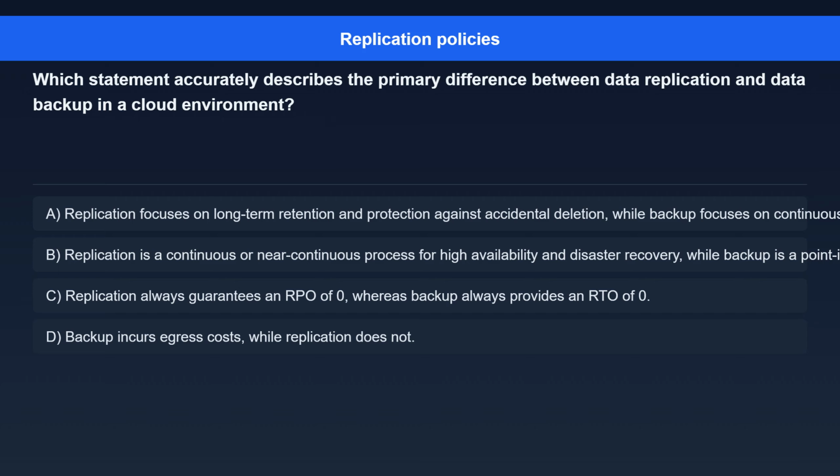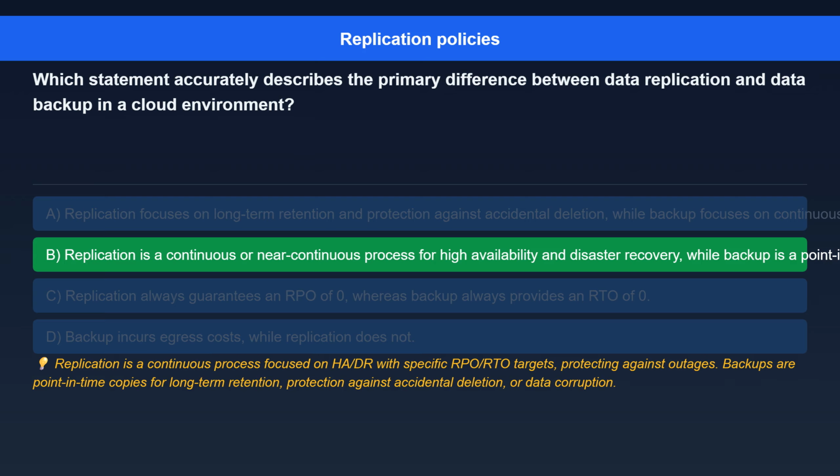Option B. Replication is a continuous or near-continuous process for high availability and disaster recovery, while backup is a point-in-time copy for archival and recovery from logical errors. Option C. Replication always guarantees an RPO of 0, whereas backup always provides an RTO of 0. Option D. Backup incurs egress costs, while replication does not.